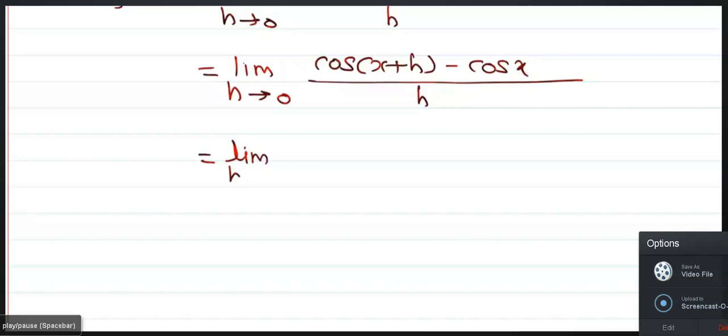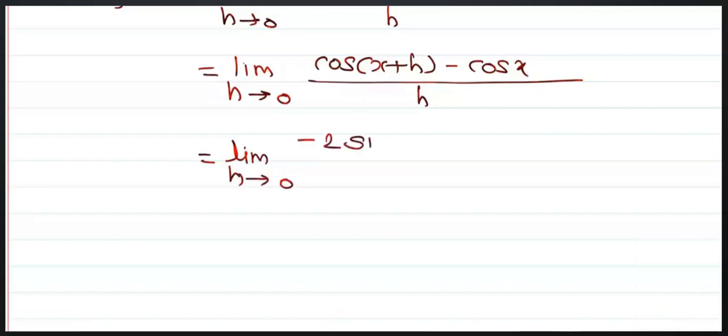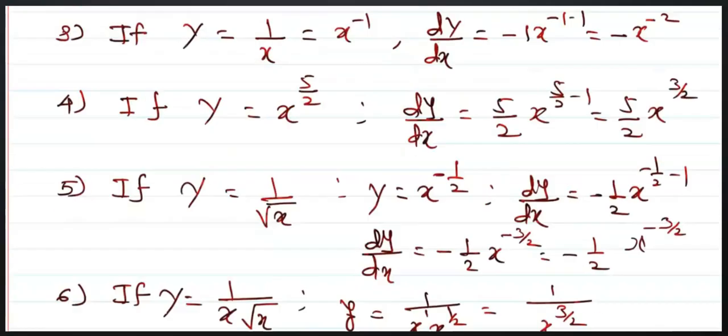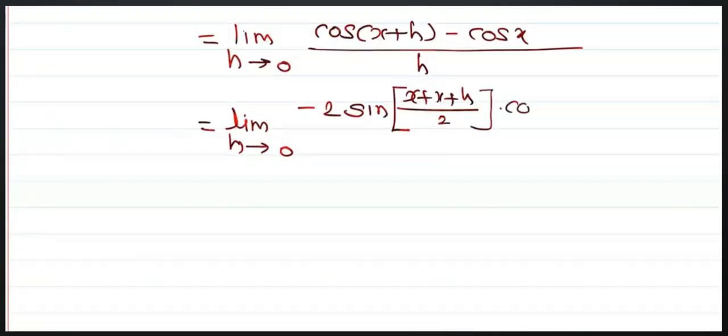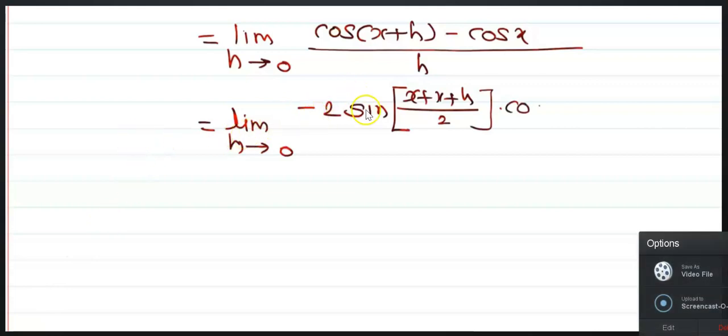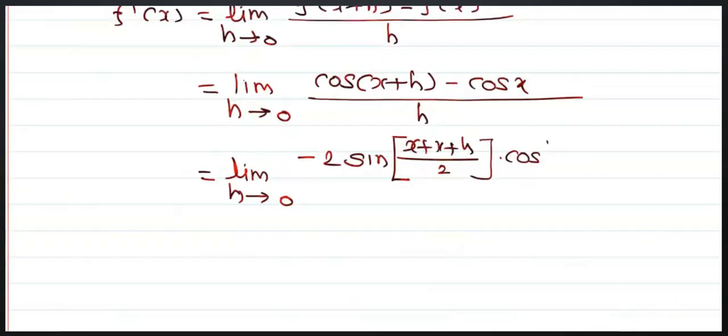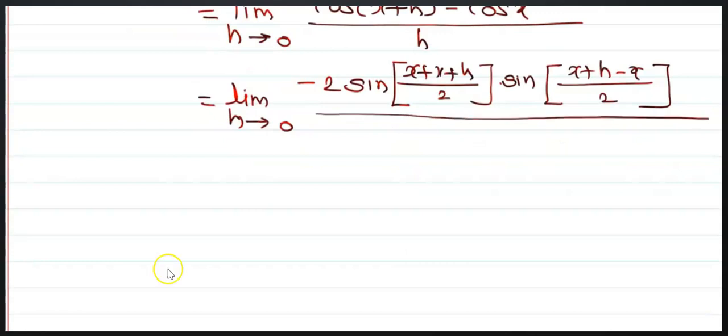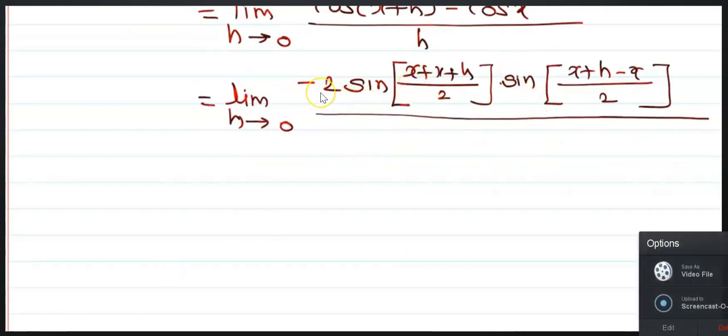Now see this here. Minus 2 times sine of (c plus d) upon 2 into sine of (c minus d) upon 2.